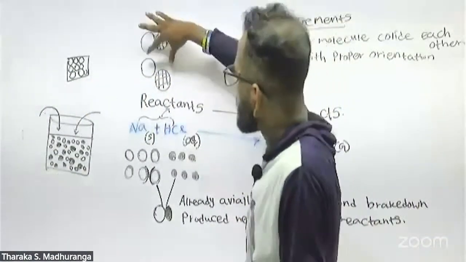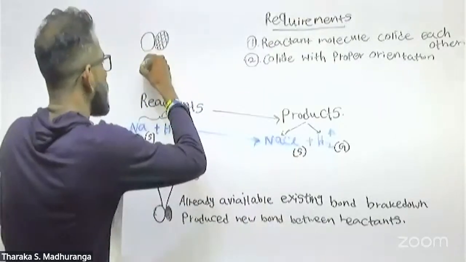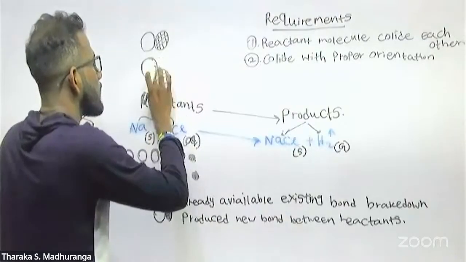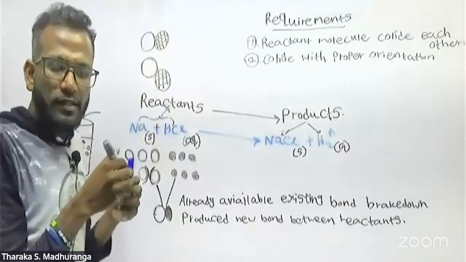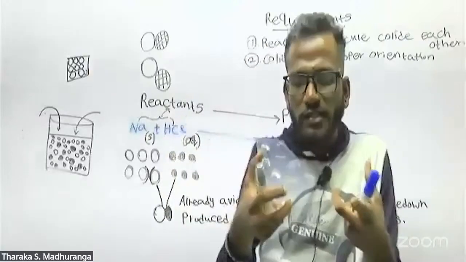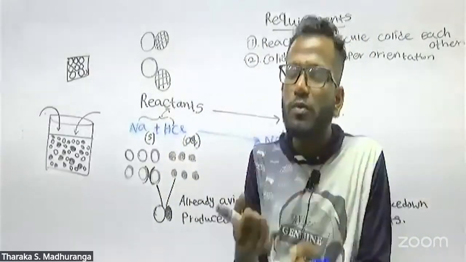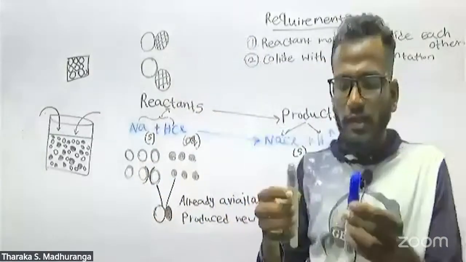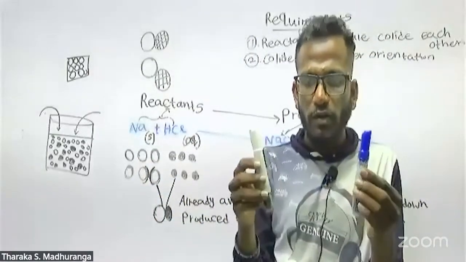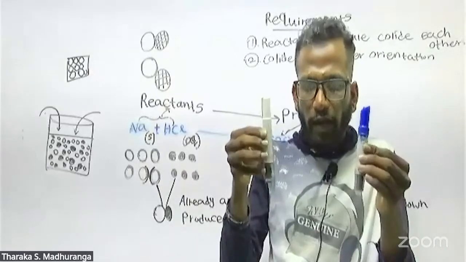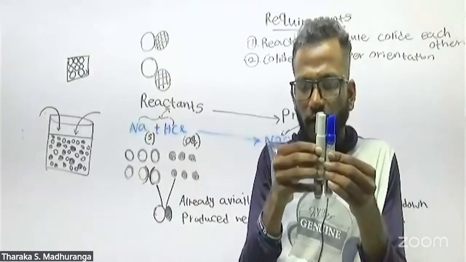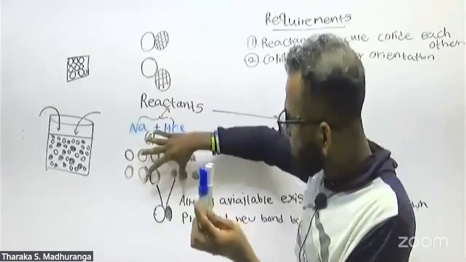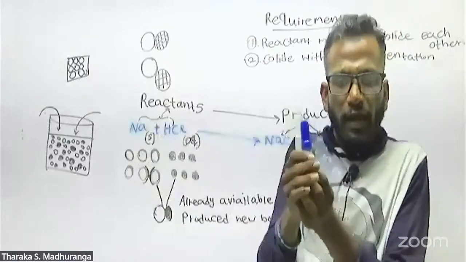Think these two molecules collide like this; that means improper orientation. Orientation means actually this direction. It should be the proper direction to break down the bond. If they collide here like this, then it is proper orientation, because in this collision the bonds can break down and they can produce new bonds.